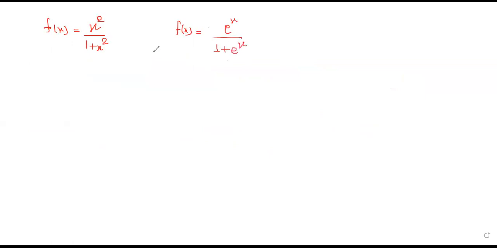Can you tell me which of the following is odd function or even function or neither even nor odd? One more condition comes, that will be a function which is neither even nor odd.